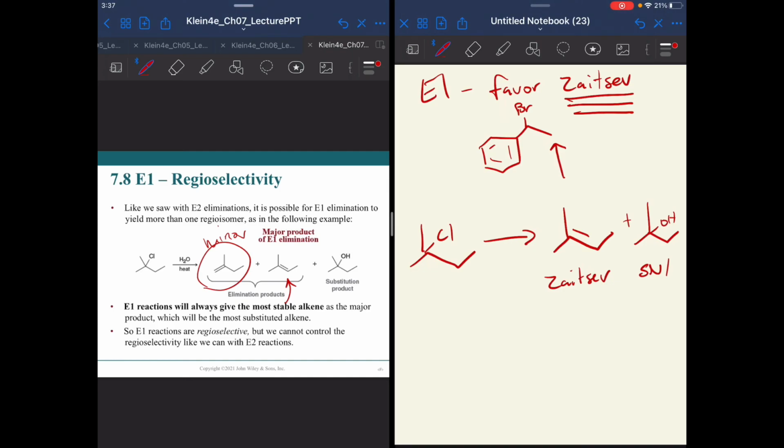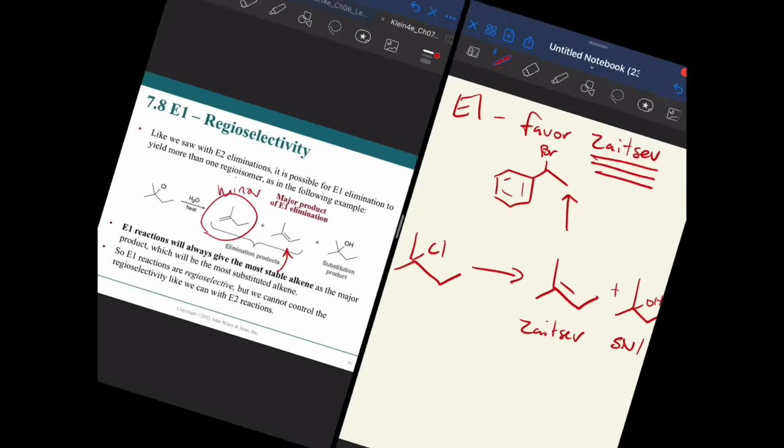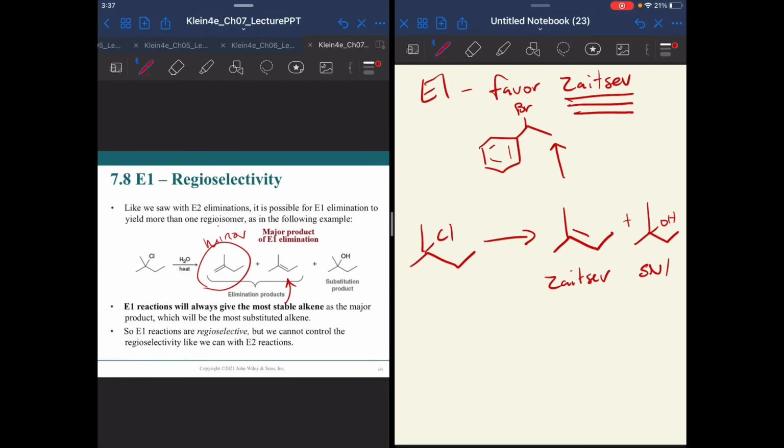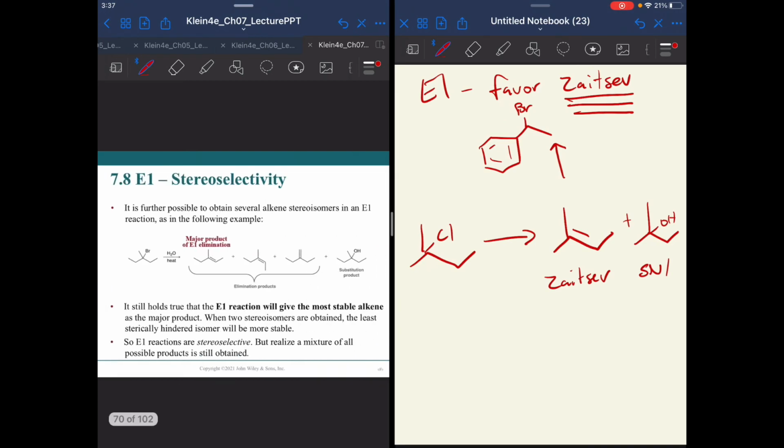And this is going to be the case because, one, most of your weak bases are small, and then your Zaitsev product is more stable than your Hoffman product. You can get a mixture, depending on where your beta hydrogens are.